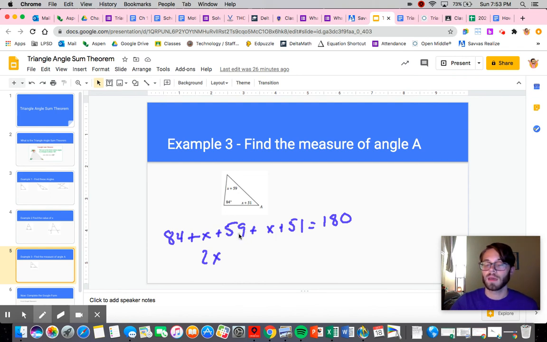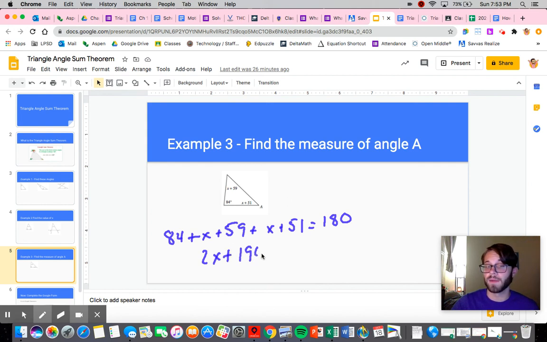So let's see. Well, how can we do this? We can either use our calculator, so that would be 84 plus 59 plus 51. That'd be 194. Alternatively, what you could have also done is added the 160, 144, and then the 50, 194.